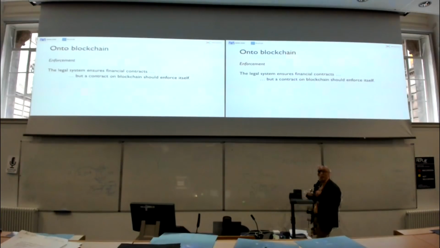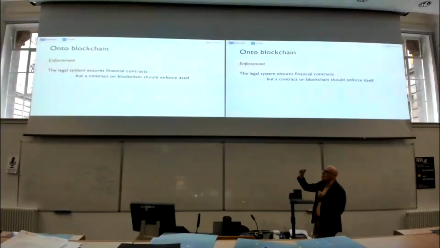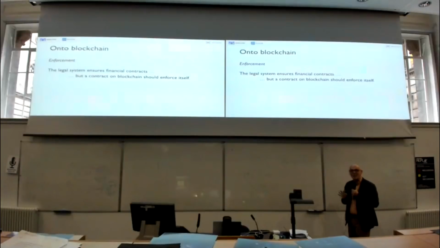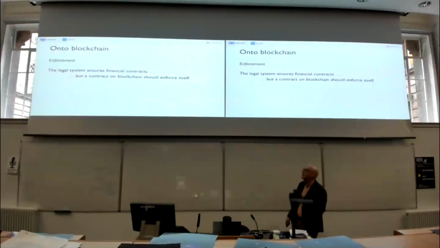What we can try and do is build mechanisms on blockchain that will make sure that the right things happen, and contracts will enforce themselves. So that's one aspect of moving things onto blockchain, which is very nice. Get rid of the legal system. There might be disadvantages to that, but you can see certainly that would be a good thing.